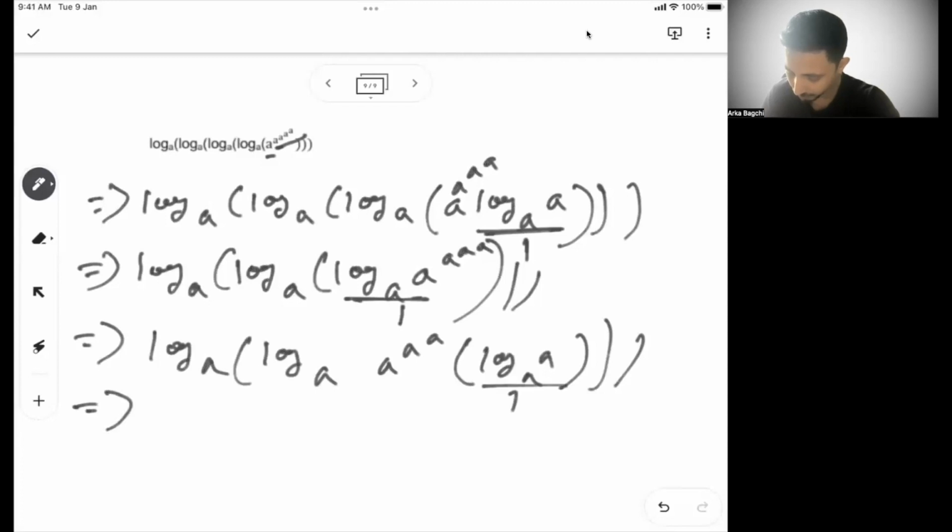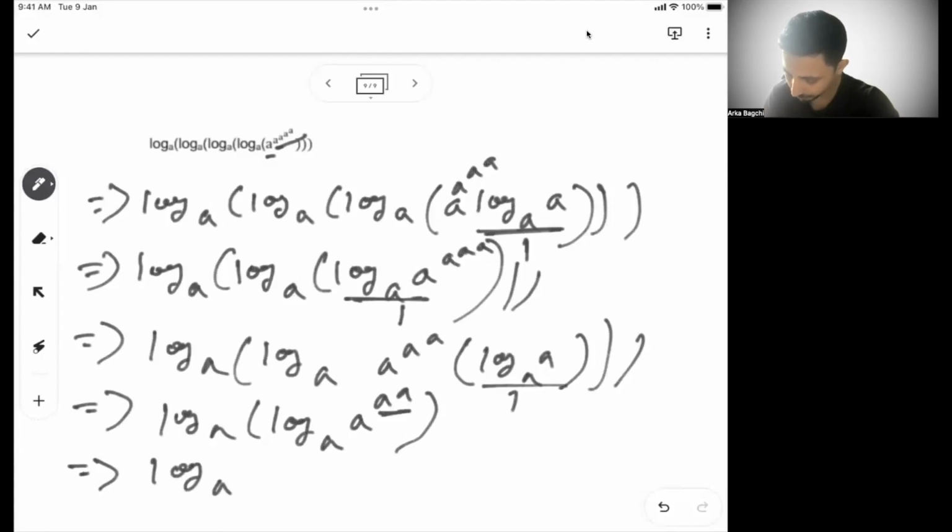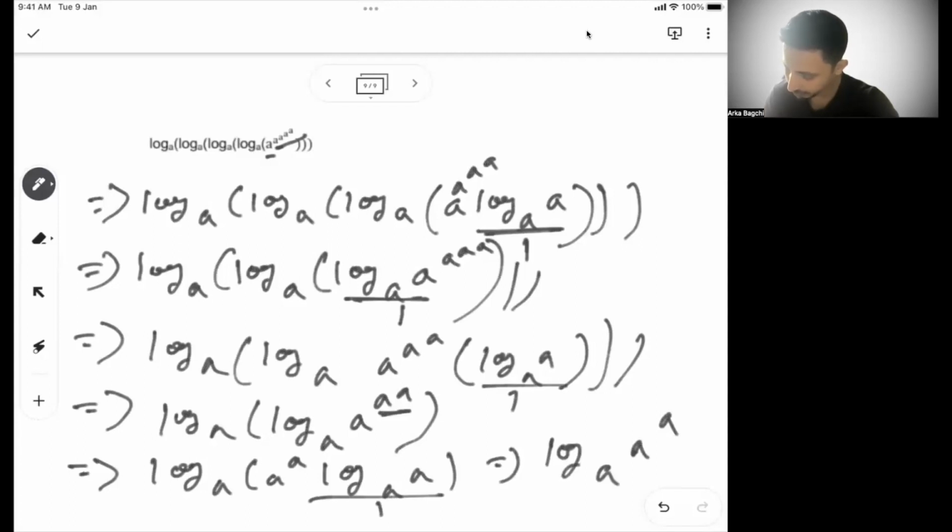Now here also I will see log of A, A to the power A. So this 2A will come out. Then we'll have log of A to the power A, log of A base A. So again, this part is 1. So I'll get log of A to the power A. Again, this A only will come out. So A and A base A. So this part is 1. So your answer is A.